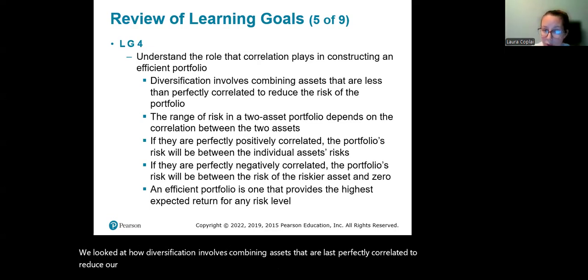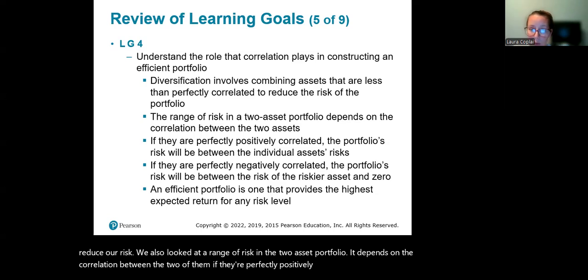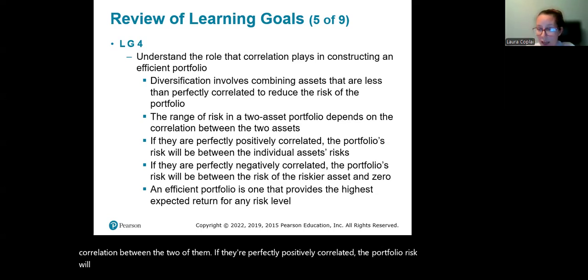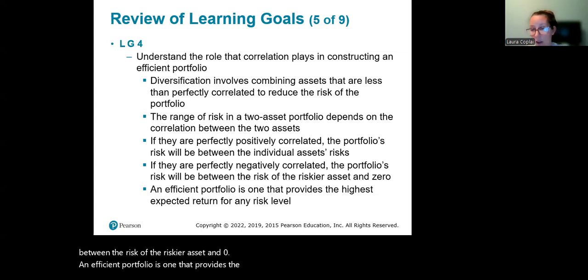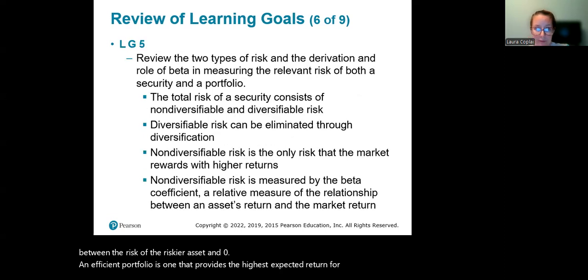We also looked at the range of risk in the two asset portfolio, which depends on the correlation between the two of them. If they're perfectly positively correlated, the portfolio risk will be between the individual assets' risk. If they're perfectly negatively correlated, the risk is between the risk of the riskier asset and zero. An efficient portfolio is one that provides the highest expected return for any risk level.